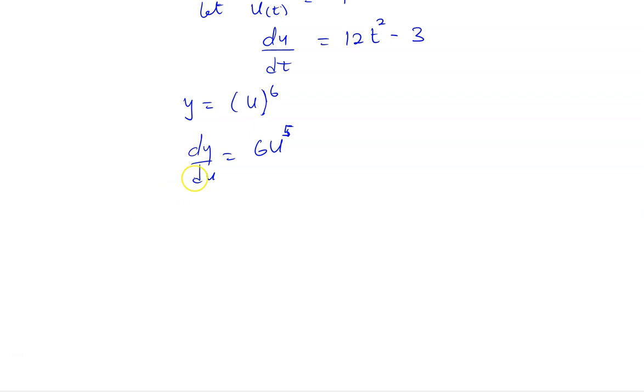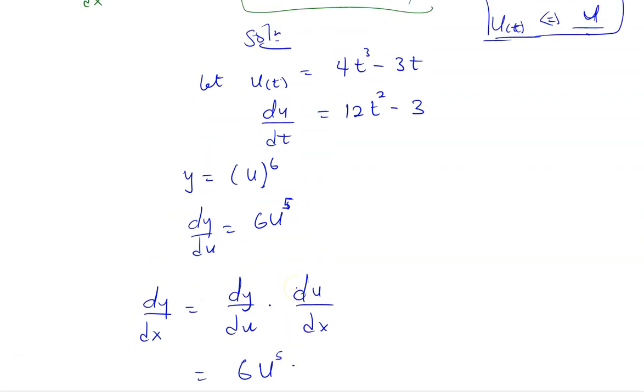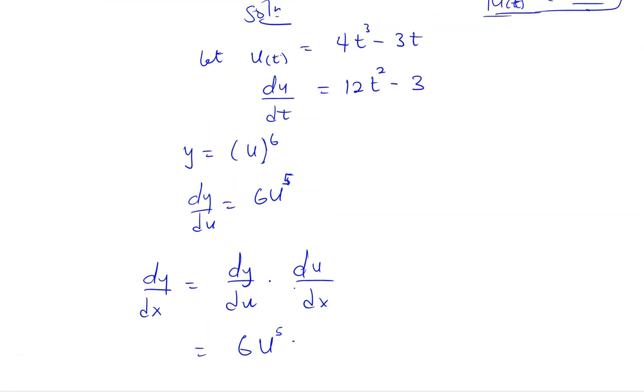So now that we have dy on du to be 6u to the 5, sorry, then we can see that the dy on dx is equal to the dy on du multiplied by the du on dx. The dy on du is simply 6u exponent 5 times the du on dt.